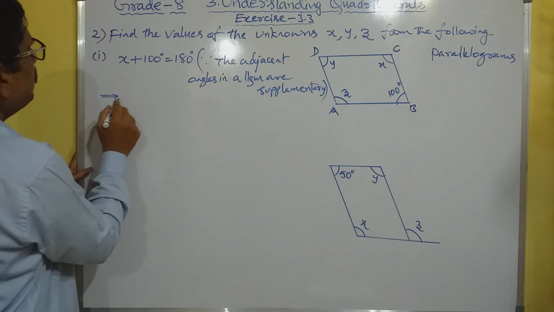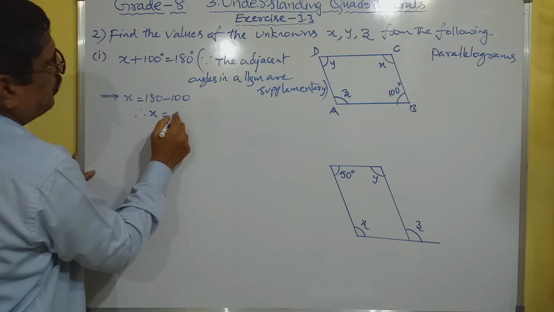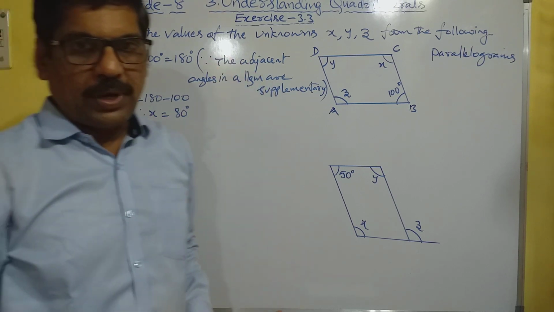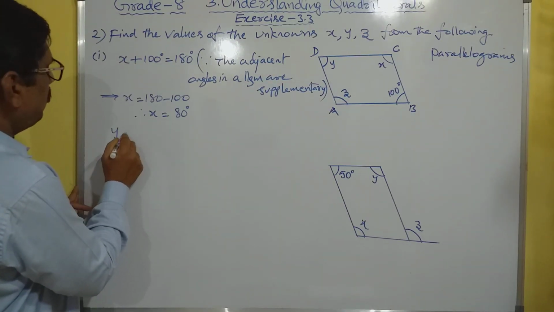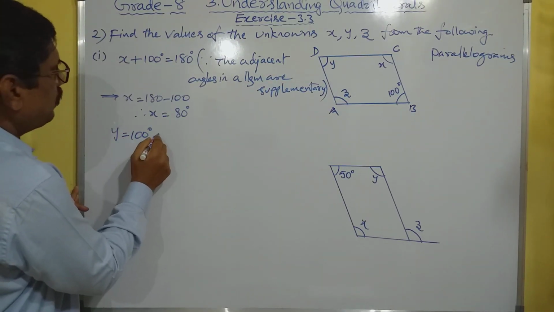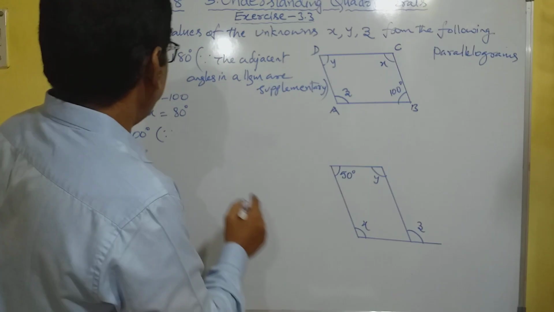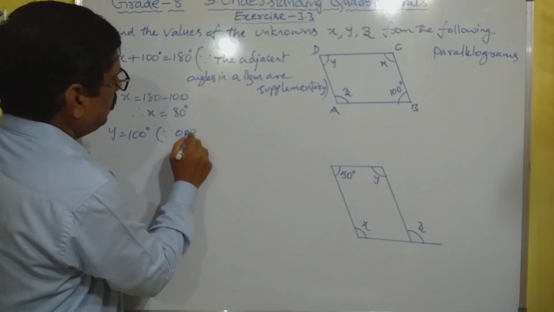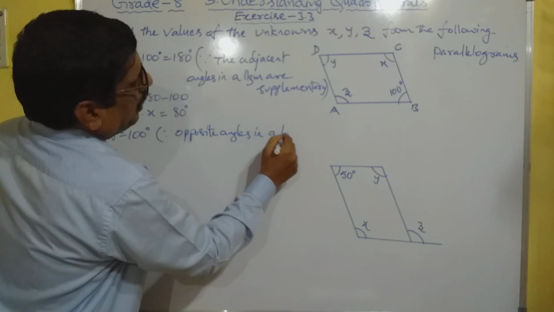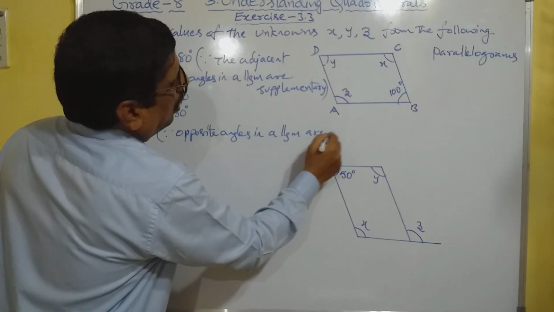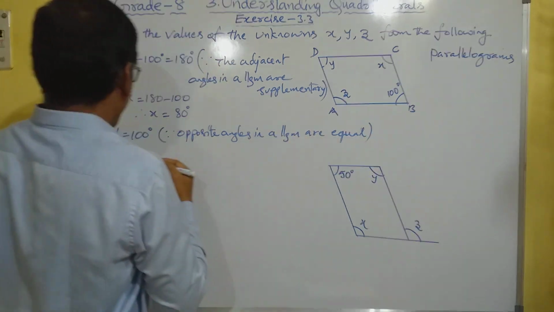So we can say x is equal to 180 minus 100. Therefore x is equal to 80 degrees. Now we have got the x value. Now look at the y. Okay, y is equal to 100 degrees. Can you say the reason why? Y and 100, they both are opposite to each other. Opposite angles in a parallelogram are equal. So this is the reason for this one.